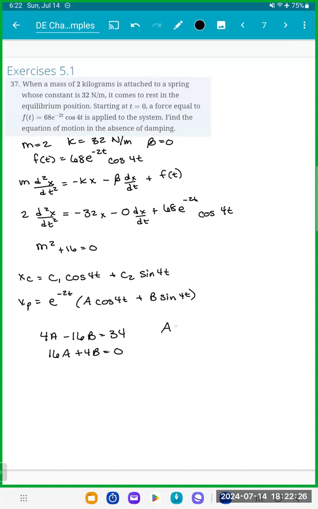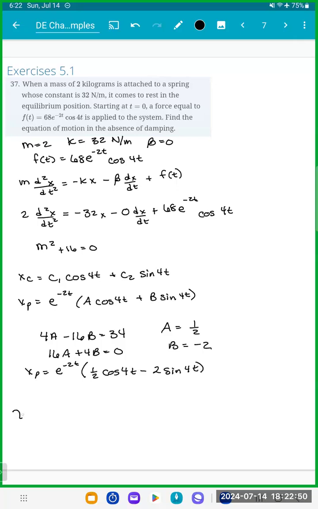So then we would solve that a is equal to 1/2 and b is equal to -2. So our x sub p function is e to the -2t times 1/2 cosine of 4t minus 2 sine of 4t.